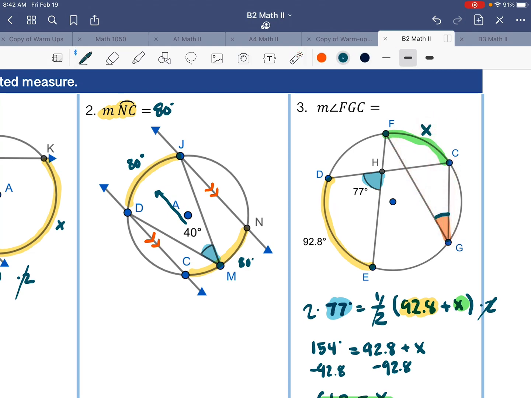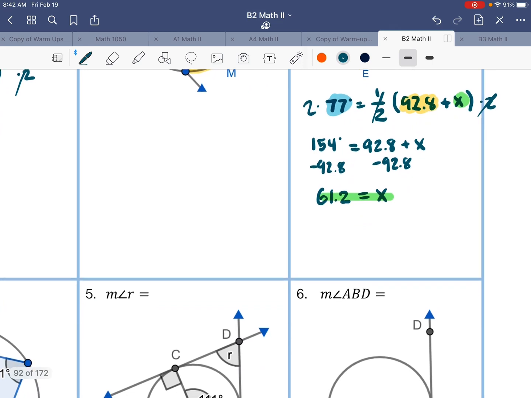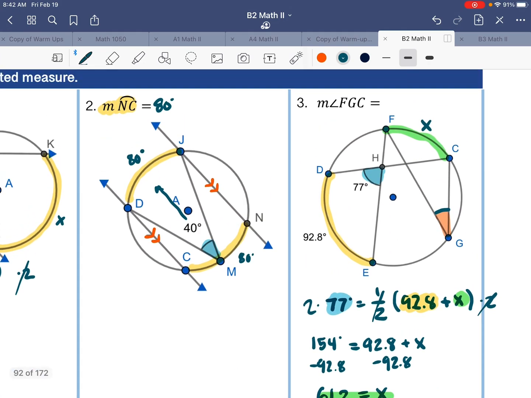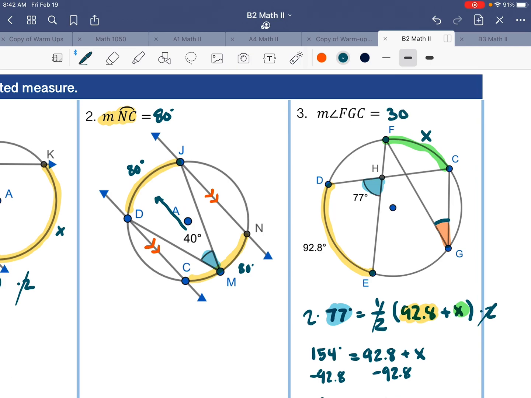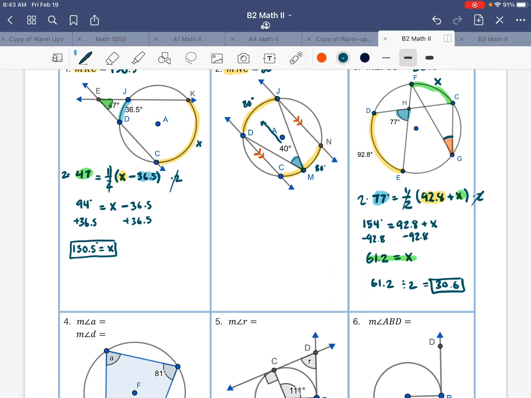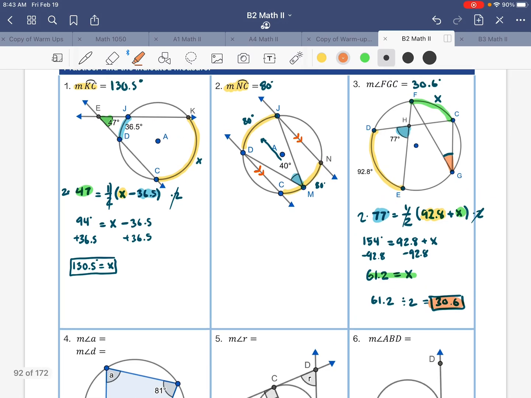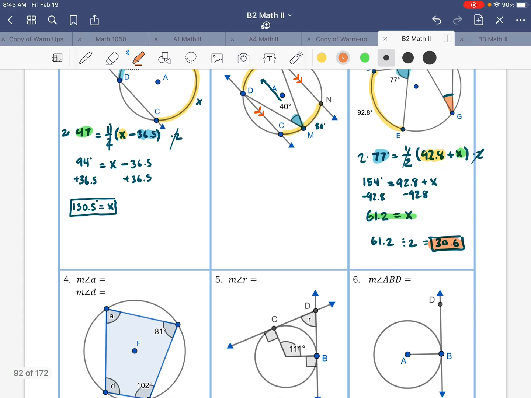Yes, 30.6. So if we do 61.2 divided by 2, that makes 30.6, which is the measure of that angle, because of the inscribed angle.